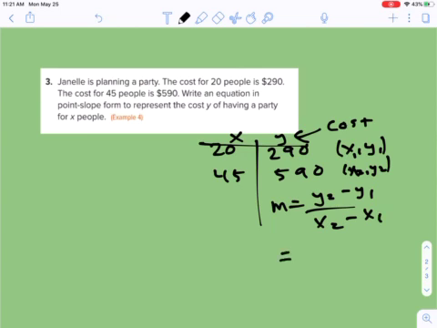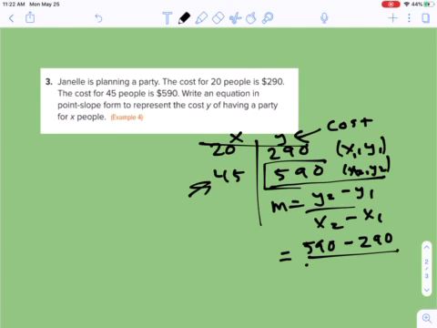Our y2 is going to be from this one right here, so it's going to be 590, and your y1 is your other y coordinate, 290. Your x2 is going to be 45, minus 20, because I'm treating these data points like a coordinate pair, because they're related to each other. They represent a relation, so we need to make sure that we keep them together.